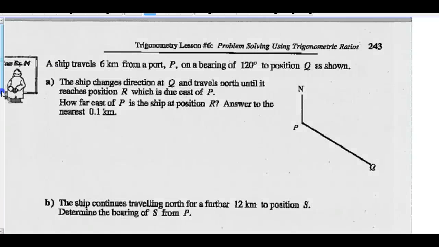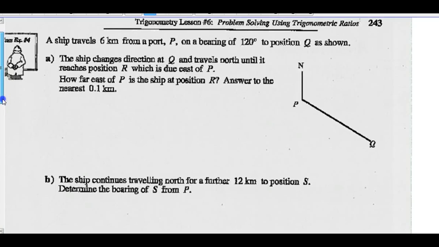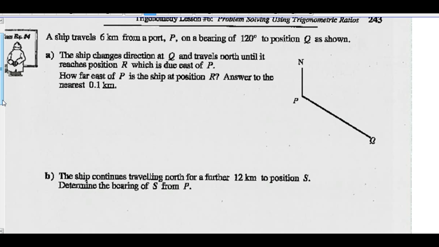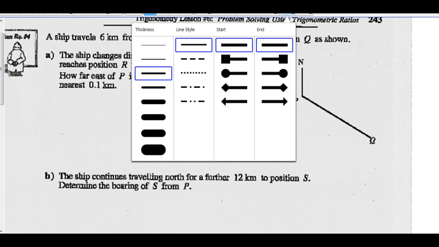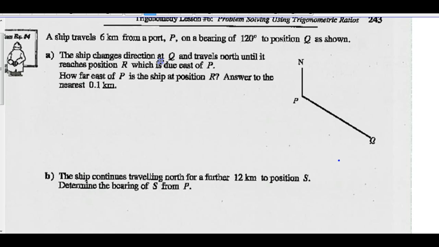So let's use the idea of bearings in this question. A ship travels 6 kilometers from point P on a bearing of 120 degrees to position Q as shown.